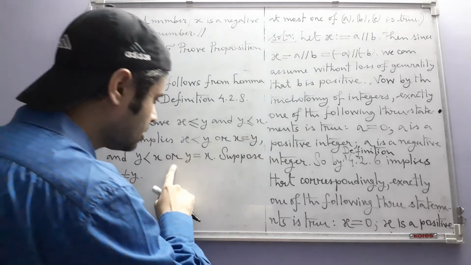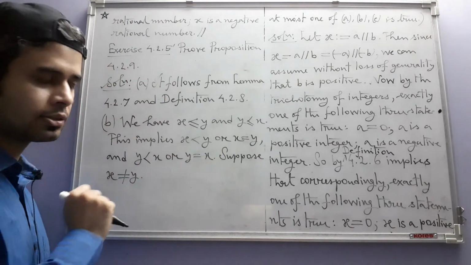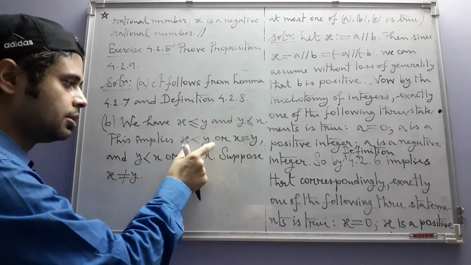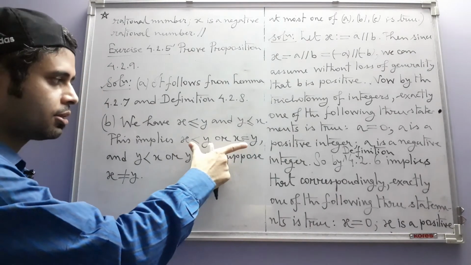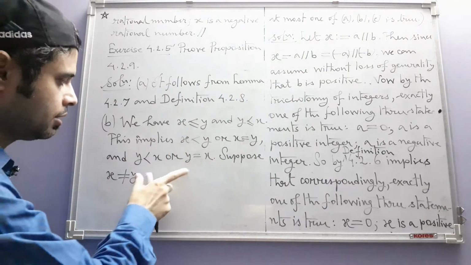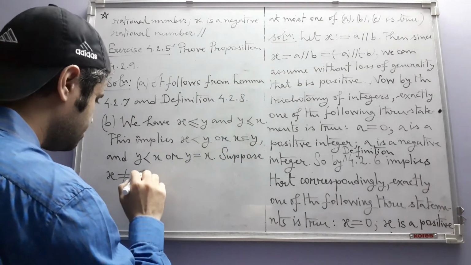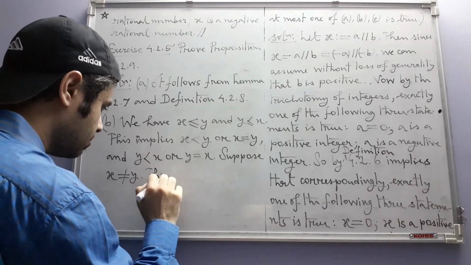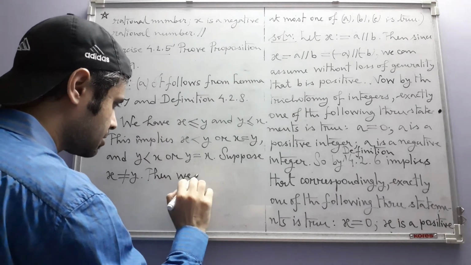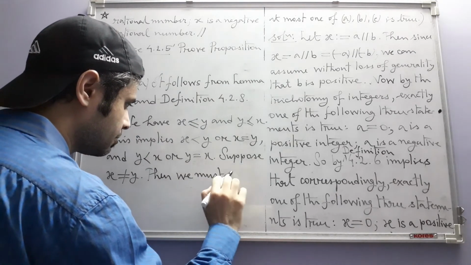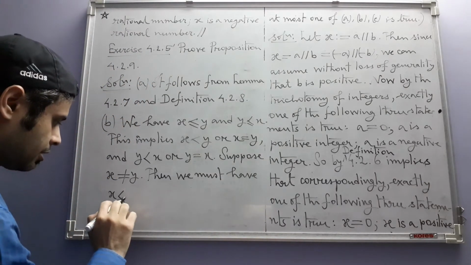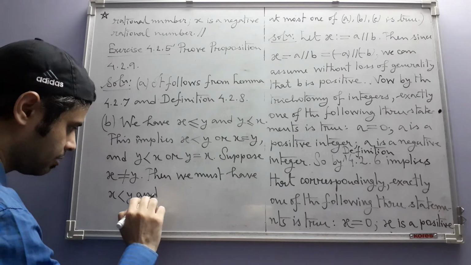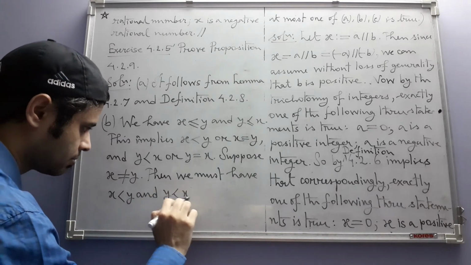Now, since both the statements are disjunctions, that is or, if this is not true, then the other one must be true, because the statement itself is true in both the cases. Then we must have x less than y and y less than x.